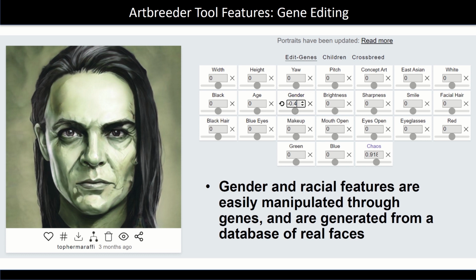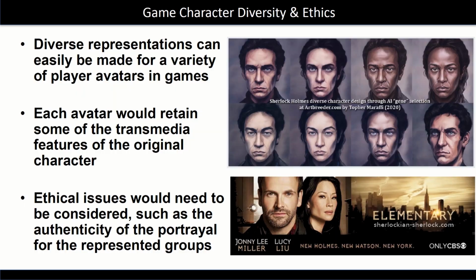And then you can do gene editing, where you can have access to specific features that you can adjust, such as gender, or whether the eyes are more open or closed, or whether someone has East Asian features. These different gender and racial features are easily manipulated through genes and are generated from real faces in the database.